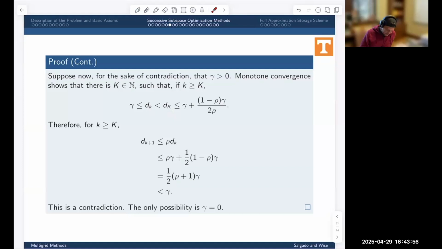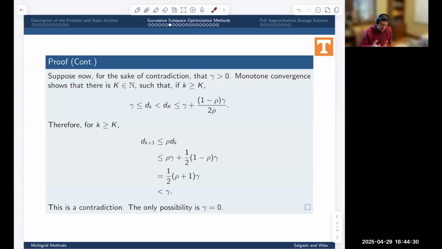So the monotone convergence theorem says that there is a K such that if k is bigger than capital K, so that's capital K, that's little k, then of course, since it's monotone decreasing, since little k is bigger than capital K, this number is going to be less than that number, right? But I can always choose k big enough so that, of course, this is the lower bound of the sequence. This is the thing to which it is converging.